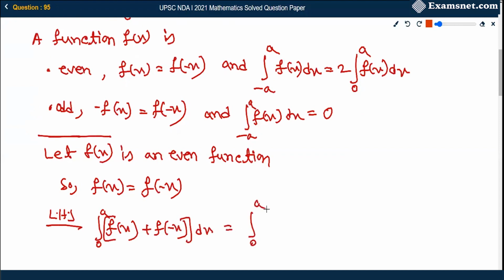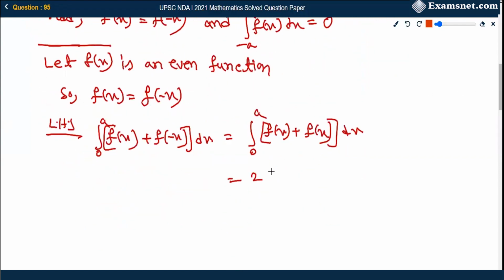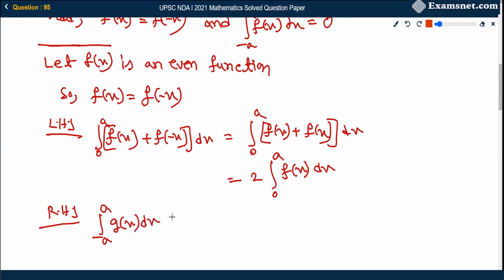So here it is the integral from 0 to a of f of x plus f of x dx, because f of x is an even function, so we can write 2 times the integral from 0 to a of f of x dx. Also in RHS, it is given the integral from minus a to a of g of x dx.